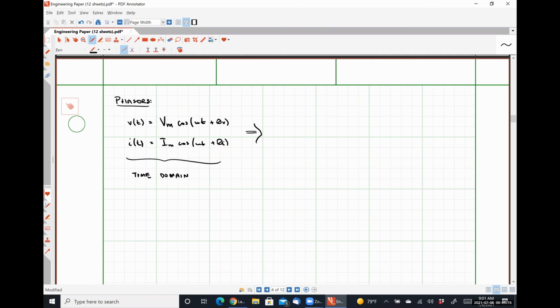Well, we know that v of t is simply the real part of Vm e to the j omega t plus theta v, and i of t is simply the real part of Im e to the j omega t plus theta I. I'm going to call this the mixed domain, which is what we just worked in.